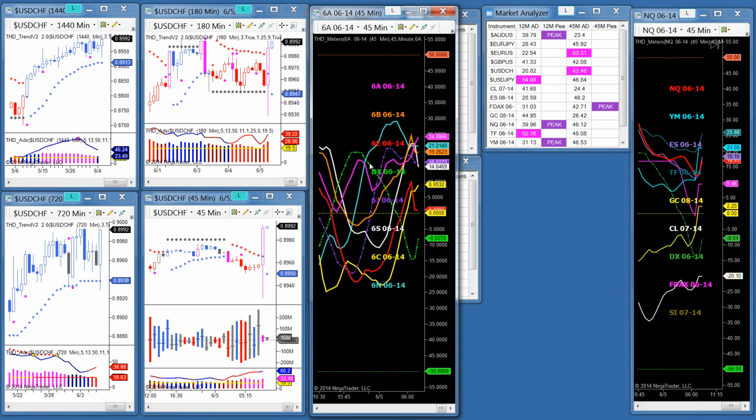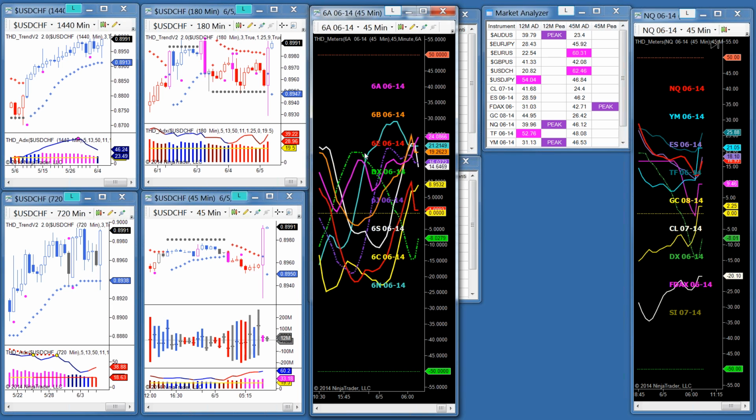A great example is the dollar, which is the green dashed line. It was weak yesterday. Most of you remember me talking about that in the room, that it looked like it was getting weak. It was going down, the yen was going up.